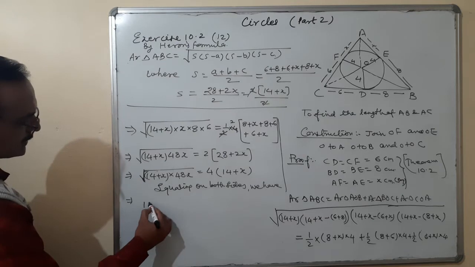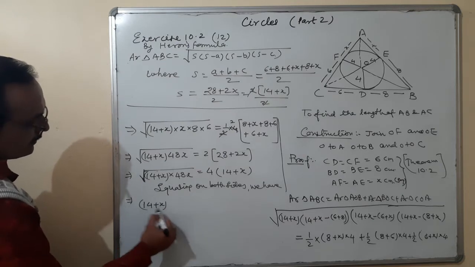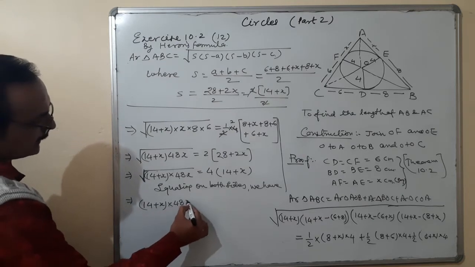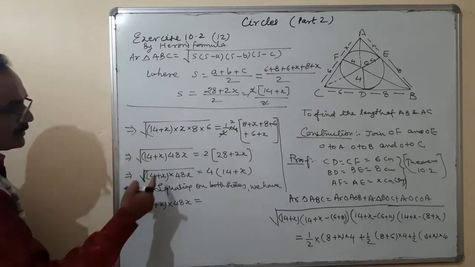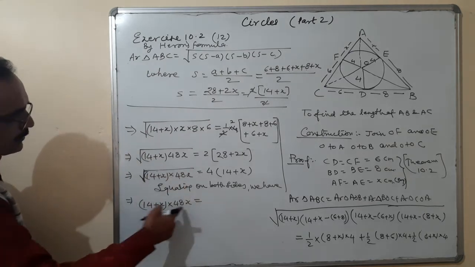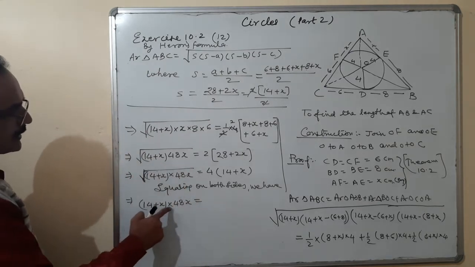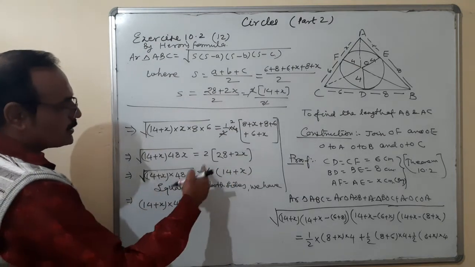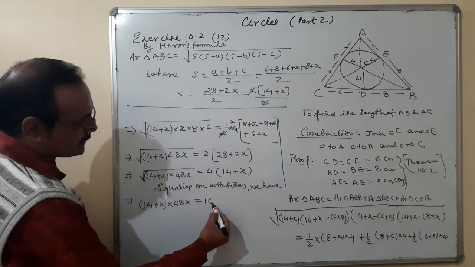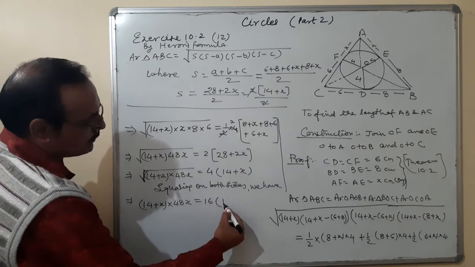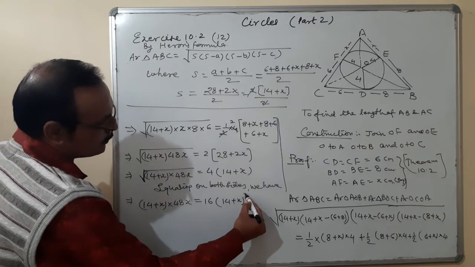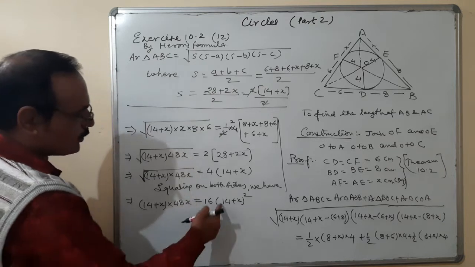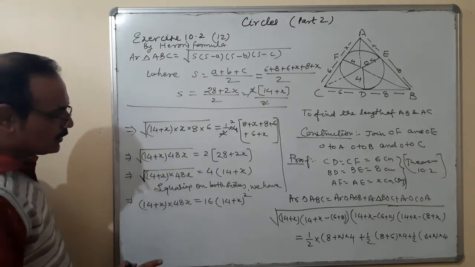This 14 plus x multiplied by 48x is equal to, because by the square this root is cancelled, the term is free from the root. On the right hand side, squaring of 4 is 16, and squaring of 14 plus x is (14 + x) whole square. We don't use the identity (a + b) whole square.